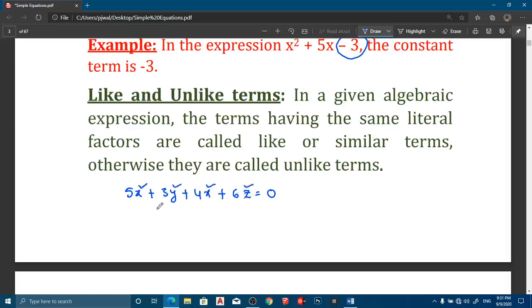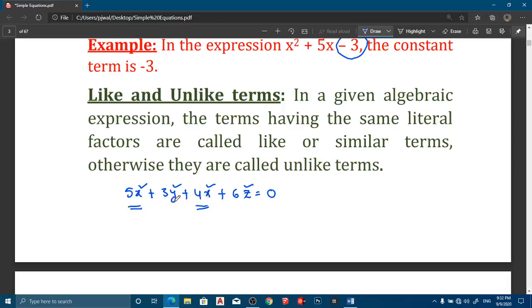So what is the definition of like terms here? In any algebraic expression, the terms having the same literal factors are called like or similar terms. Here 5x and 4x have the same literal factor. That's why 5x and 4x are like terms.